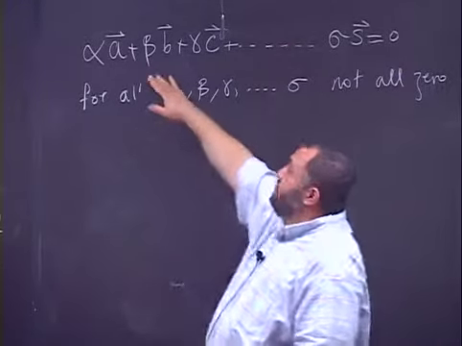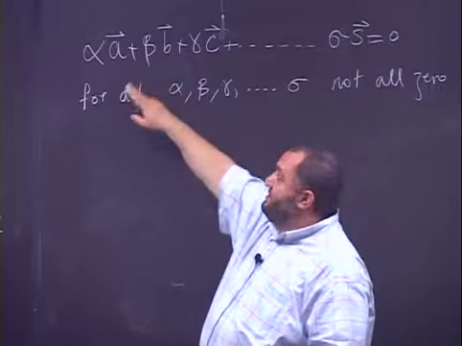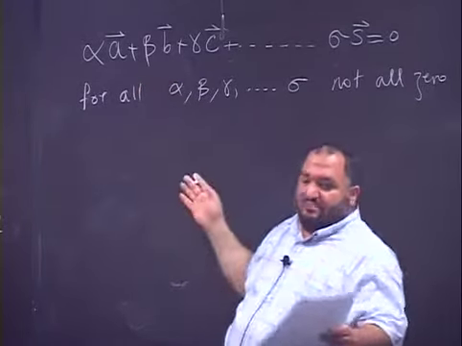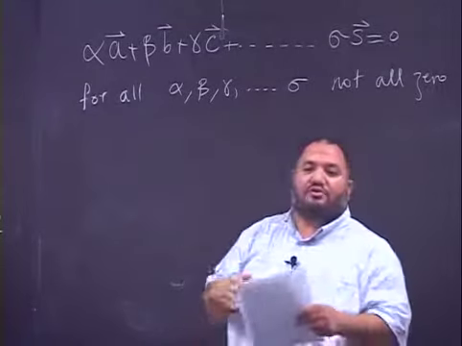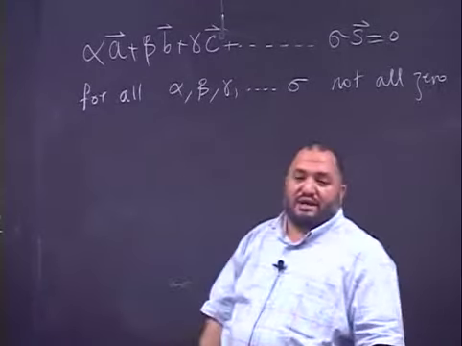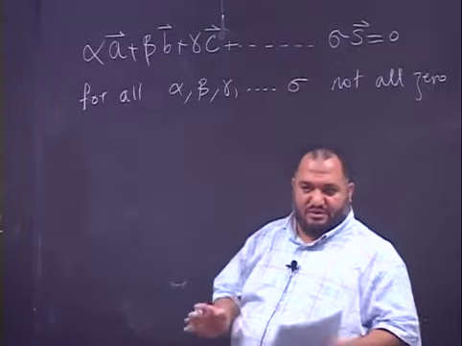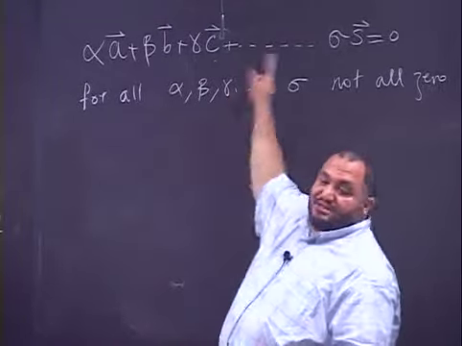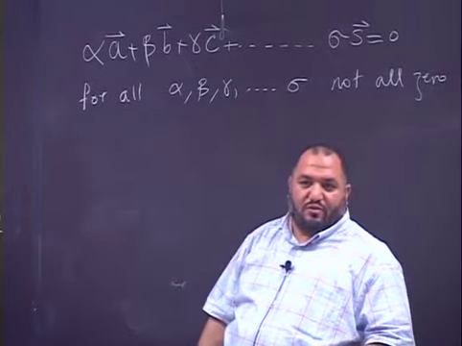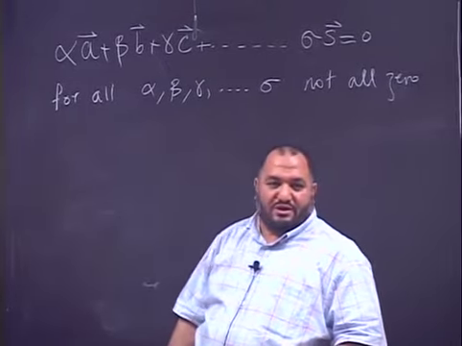But if we can form a vector that is alpha multiplied by A plus beta multiplied by B up to sigma multiplied by S equal to 0, and those scalar multiplications are not all 0, then this is called linearly dependent vectors. Why are they linearly dependent?